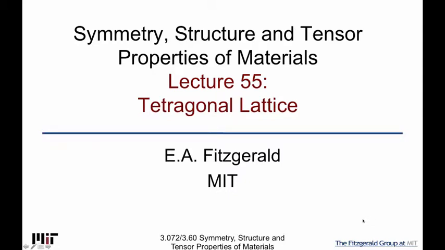Well, here we are at lecture 55, having now proceeded through P1, P2, the mirror symmetry bases like CM, PM, and M. Then we increased the symmetry by having both P2 and higher symmetries like P2MM, which means that the bases became having right angles in the two-dimensional cells, which then produced the orthorhombic crystal system.